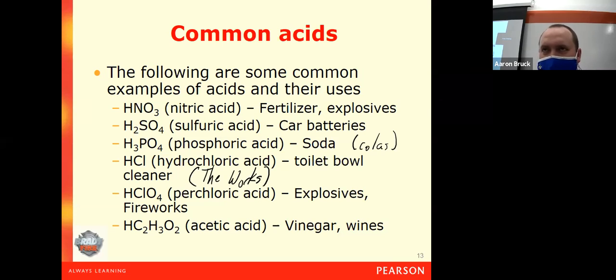And those of you that are familiar with the Works bomb, a do-it-yourself home, not really explosive device, but it's not exactly fun. It's not exactly clean, easy using either. But nonetheless, it works on the chemical action between the hydrochloric acid in the toilet bowl cleaner and the aluminum metal that you ultimately stick into the bottle.